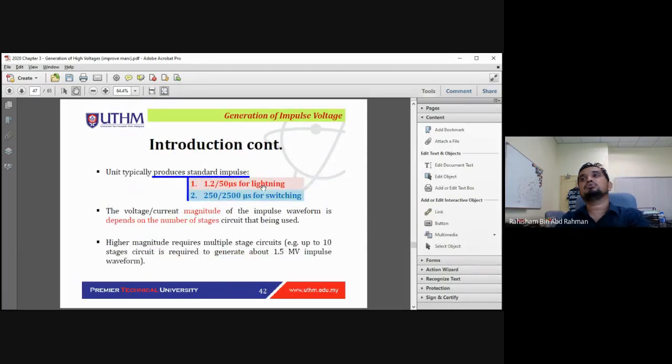We have 2, the most commonly used, lightning and switching, in which we should be able to differentiate what is lightning and what is switching in terms of their front and decay time, 1.2/50 microseconds and 250/2500 microseconds.